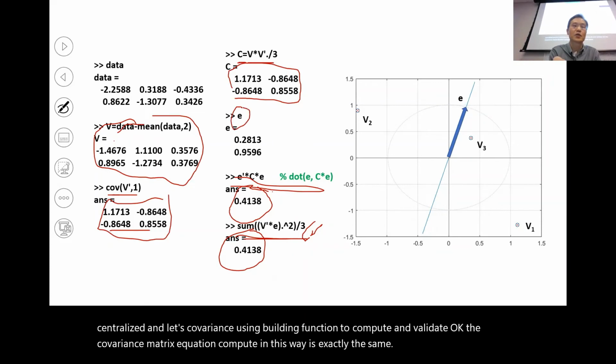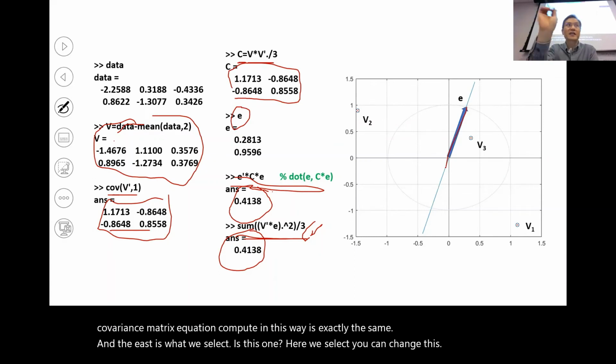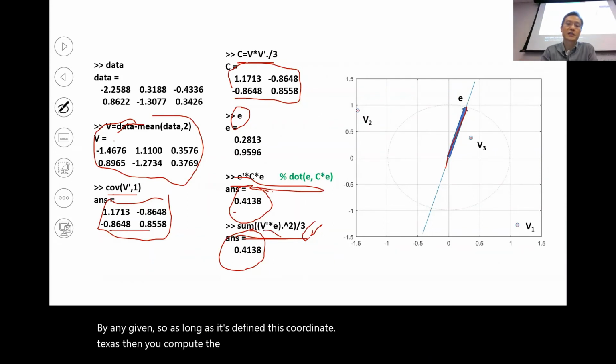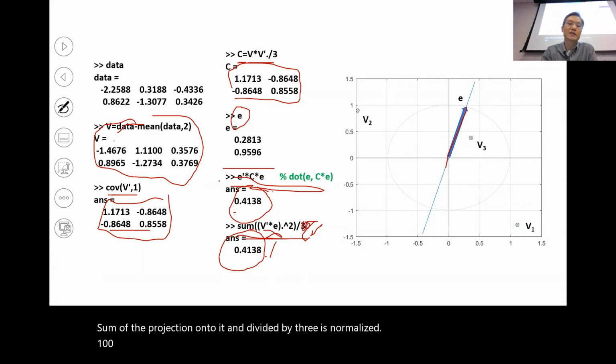And the E is what we select, this one here. You can change this to any given E, as long as it defines this coordinate x-axis. Then you compute the projection, the sum of the projections onto it, and divide by 3 to normalize. And numerically it is the same as this.